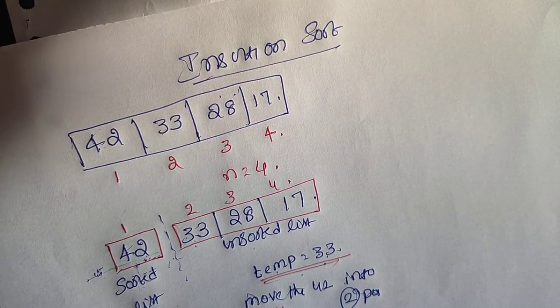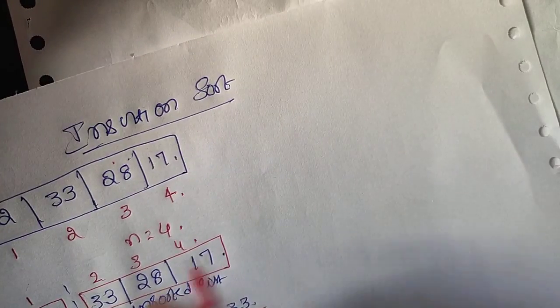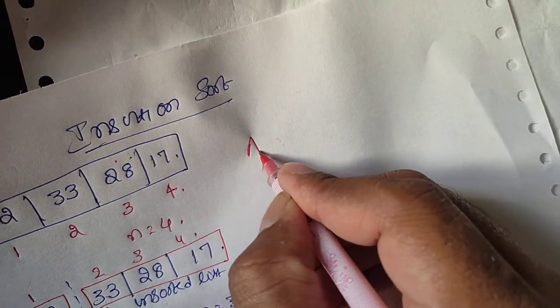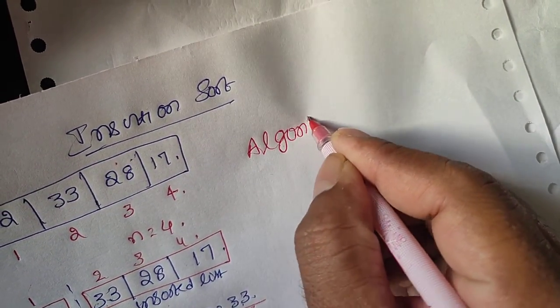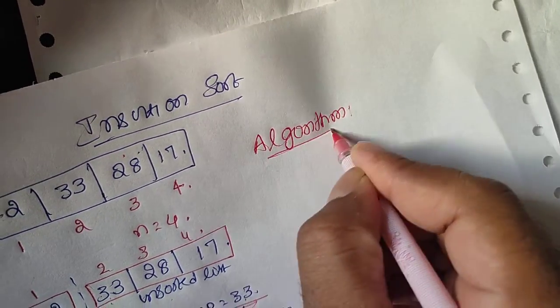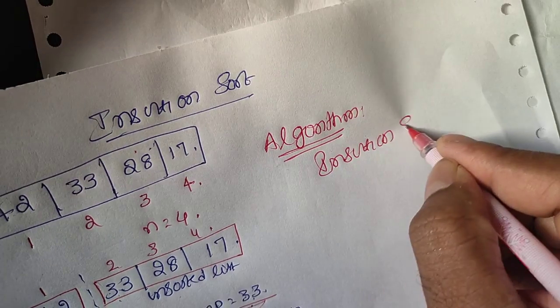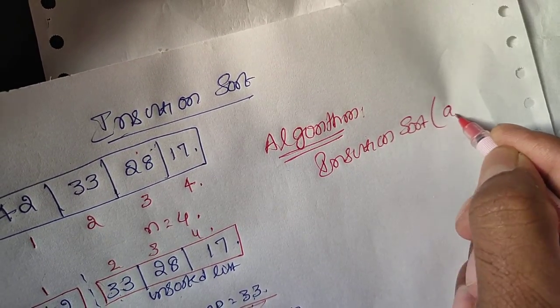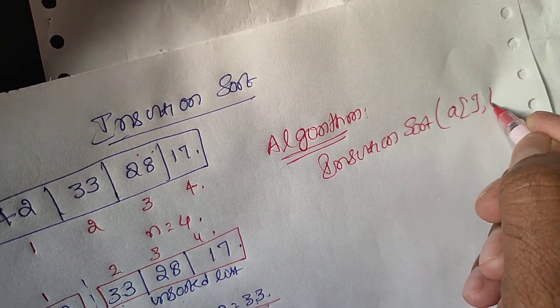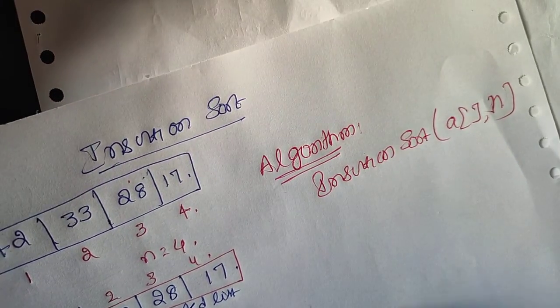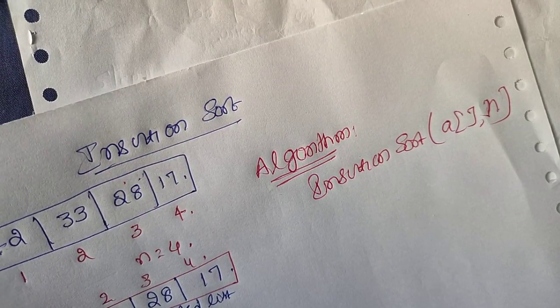Now I will write the algorithm for the insertion sort. Here we take the array and then the number of values. So we write the algorithm like this.